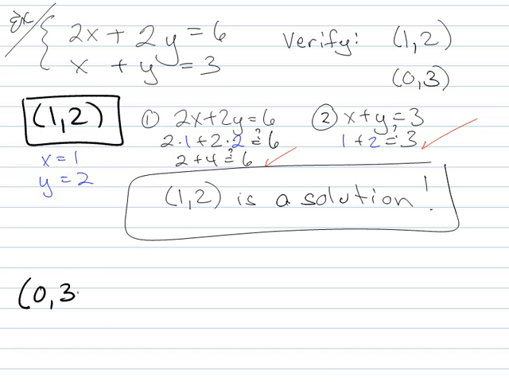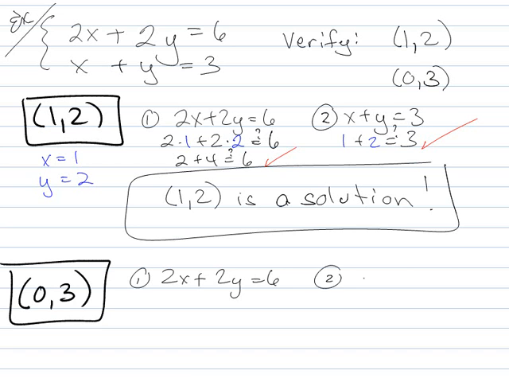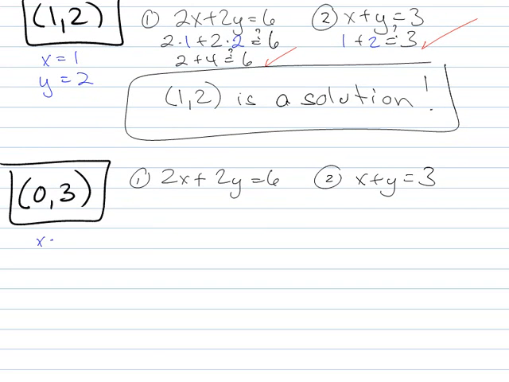Alright, so let's look at this next one. 0, 3. And again, we'll look at 2x plus 2y is 6, and x plus y is 3. So we're going to look at our values. x we're going to plug in as 0, y we're going to plug in as 3.